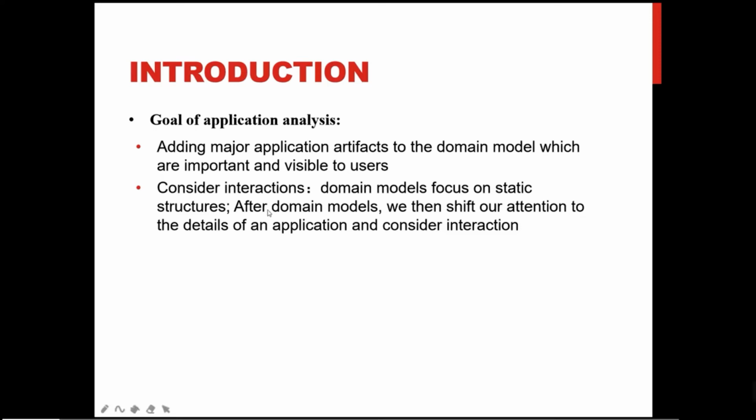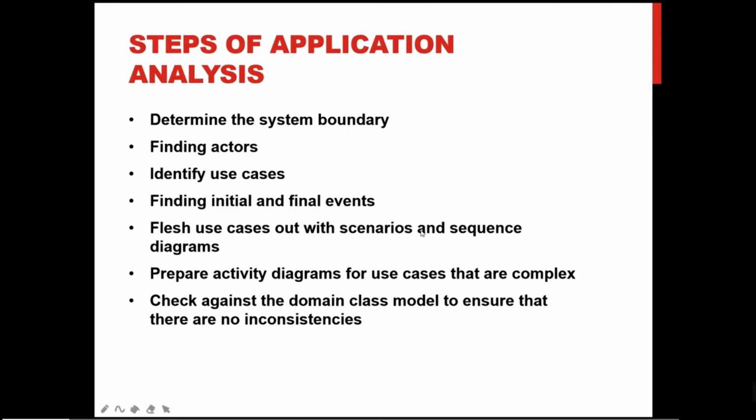It means that in the domain models, we only focus on static structure, and after we have completed the domain models, we then shift our attention to the details of an application and consider interactions. So the steps of application analysis are as follows.